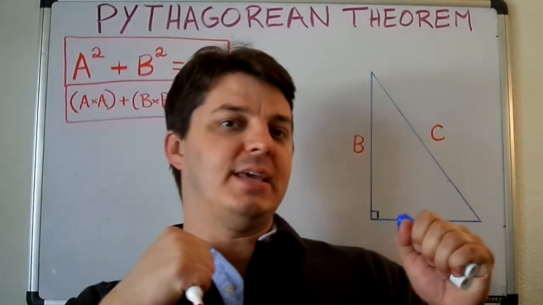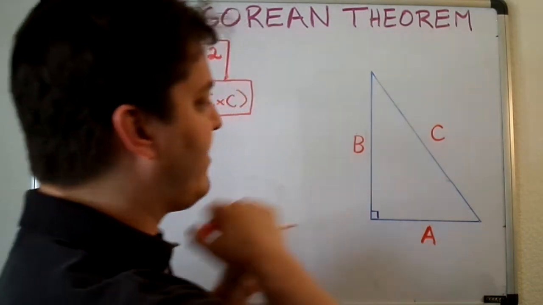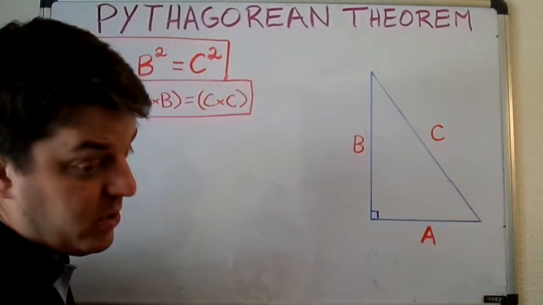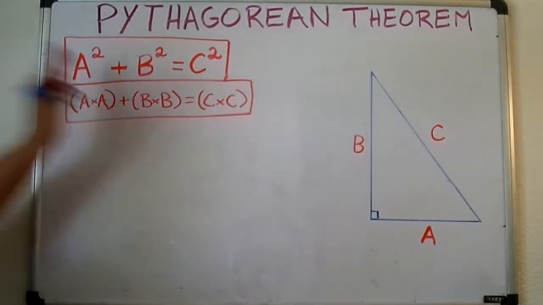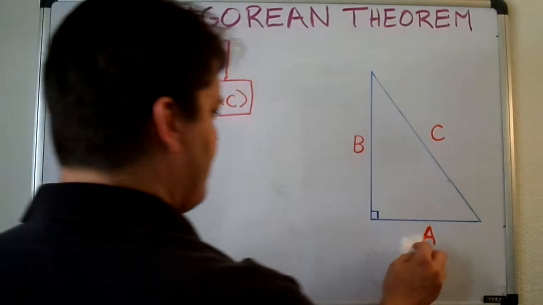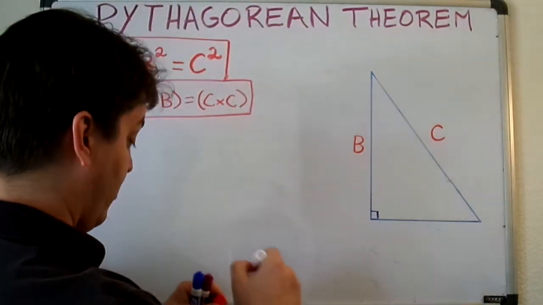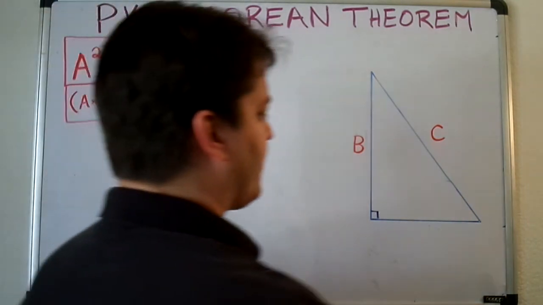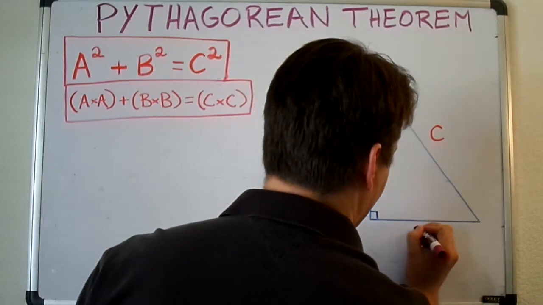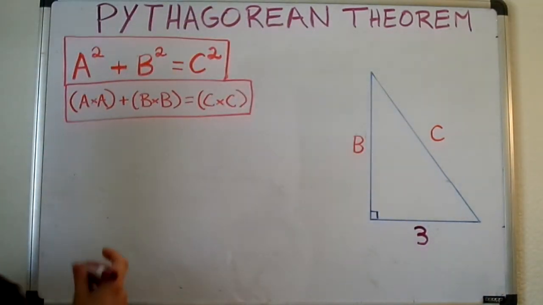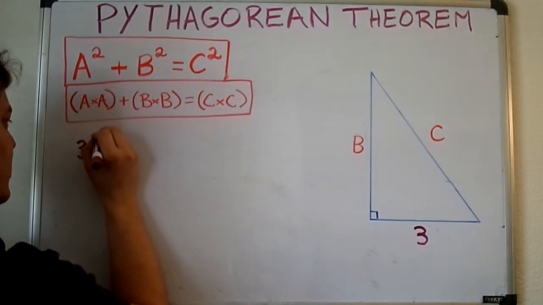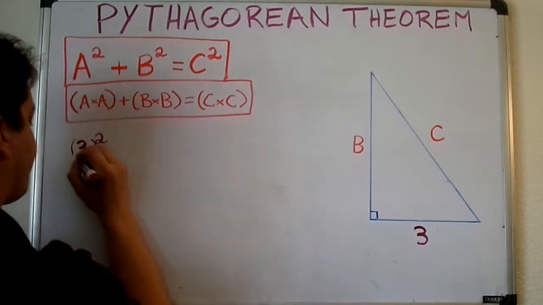Okay. One of the most basic right-sided triangles is a right-sided triangle with sides equaling 3, 4, 5. And I'm going to use that as an example to show the Pythagorean Theorem here at work. Okay? So, instead of A, let me get another colored pen real quick. Instead of A, we're going to have 3. Now over here, we're going to plug in 3 squared. And that's going to be 3 times 3.